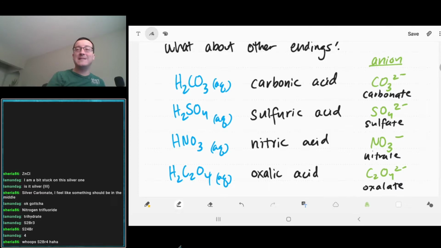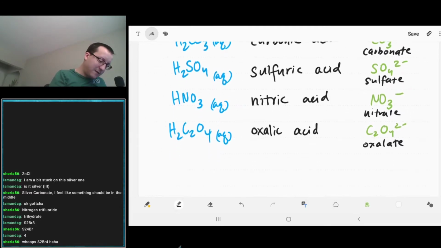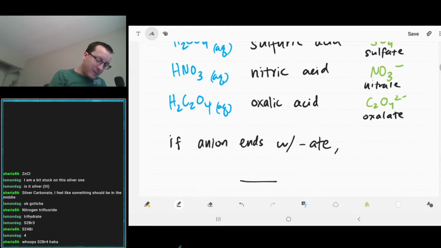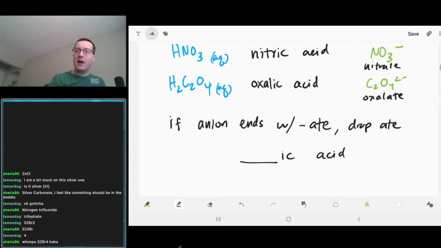And so again, we're going to see we have a pattern here. That if the anion ends with "ate," we're going to make it just ic acid. So no hydro, just ic acid. We drop the "ate" and make it ic acid.